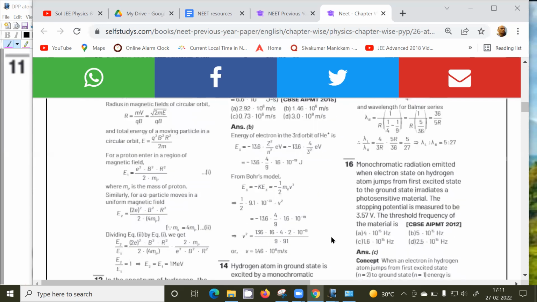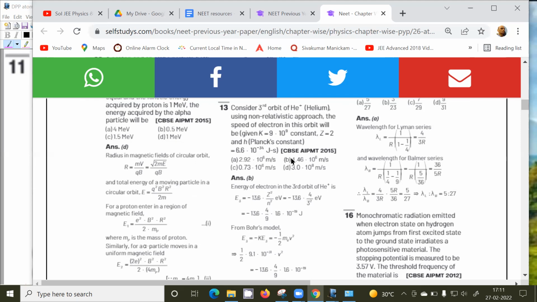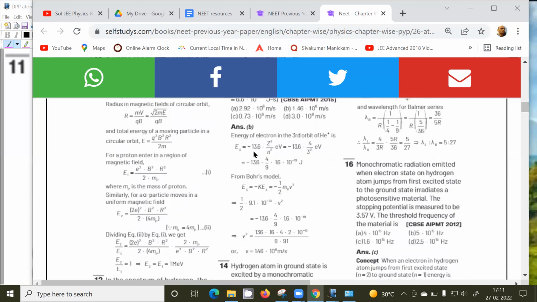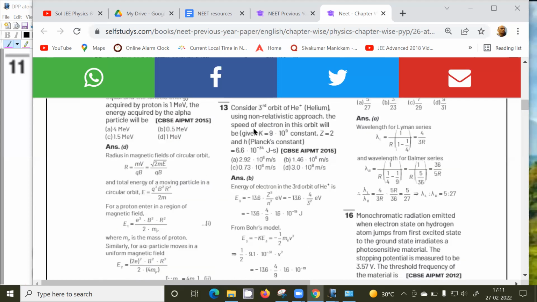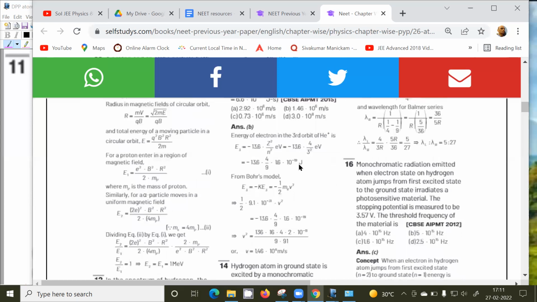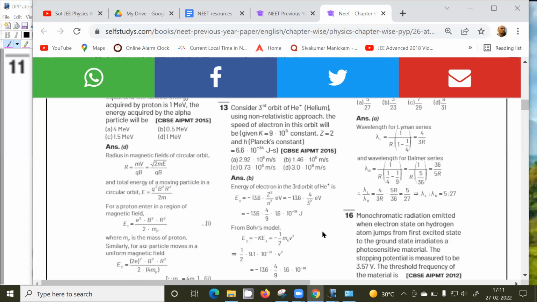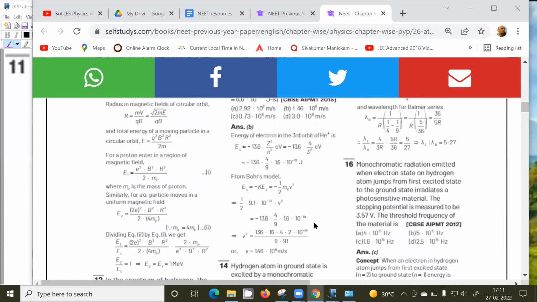Option B is the correct one. Use 13.6 by n square and then into Z square for helium. From that we get the total energy, and from that the kinetic energy, which is negative of that. The mass of the electron is known, so from that I can find the velocity.